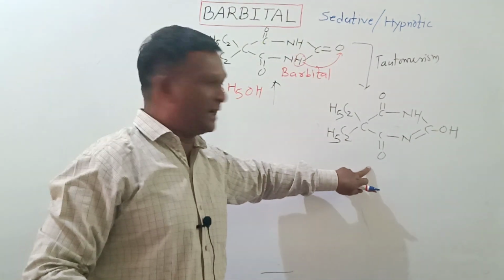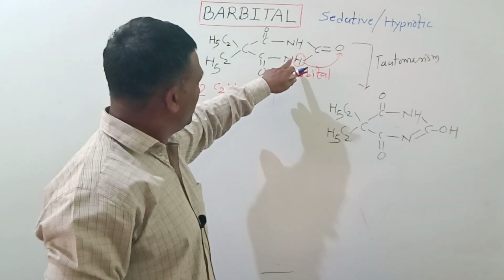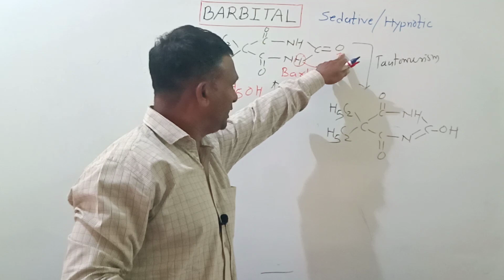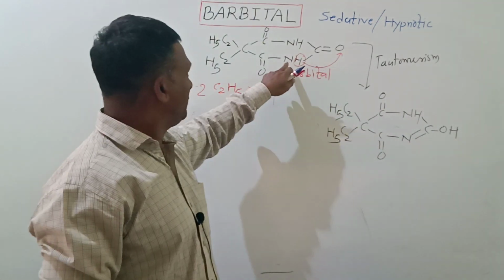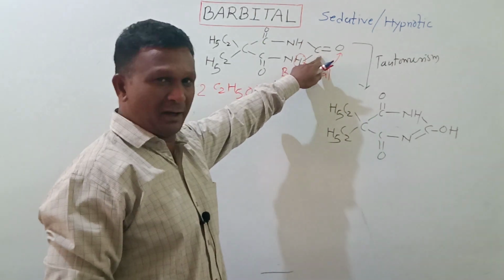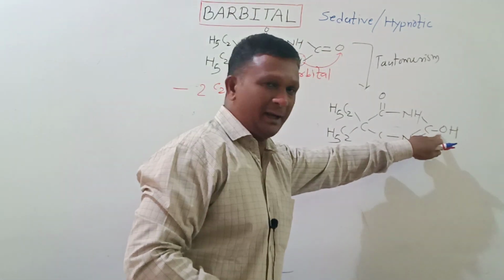In this structure, you can easily see that this hydrogen has migrated from this nitrogen to this oxygen. So by this migration, a double bond is generated between the nitrogen and the carbon, and there is a single bond between the carbon and oxygen.